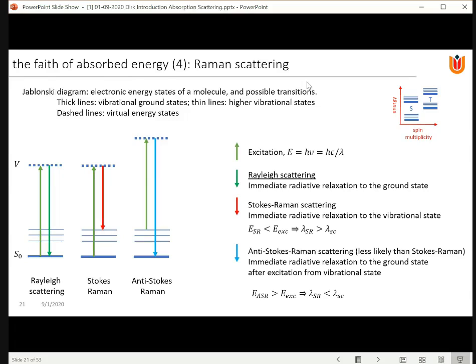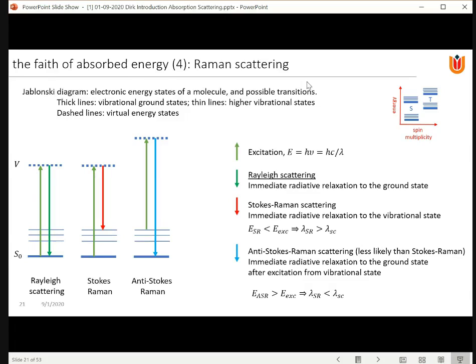Because every molecule has its own signature, so to say, of vibrational states, you can use this technique to probe these vibrational states of the molecule, because the energy difference between the excitation and the emitted photon corresponds exactly to one of these vibrational levels.